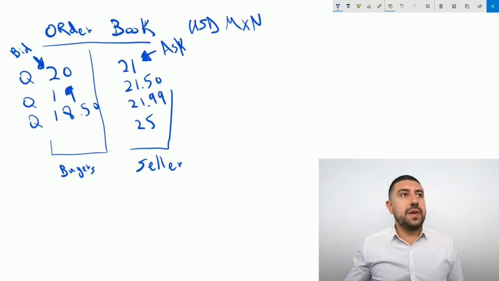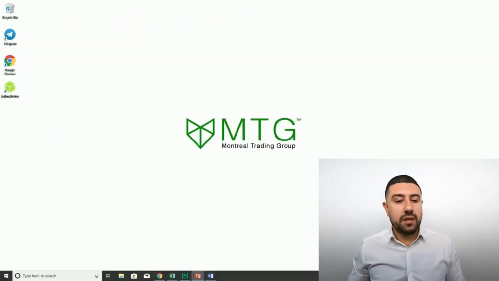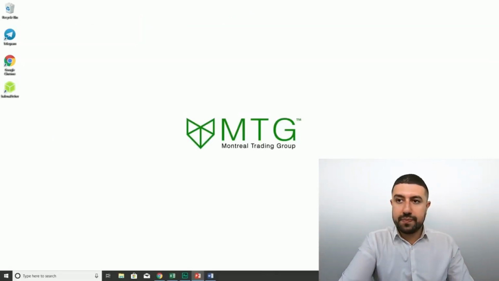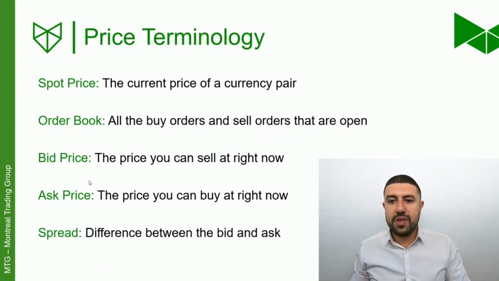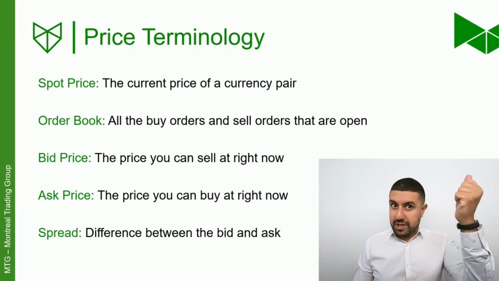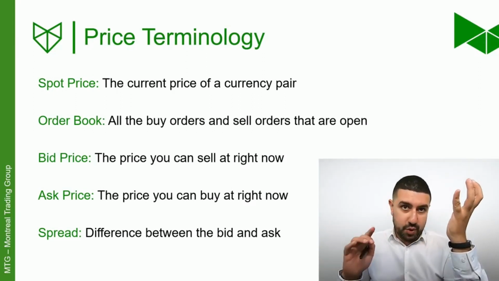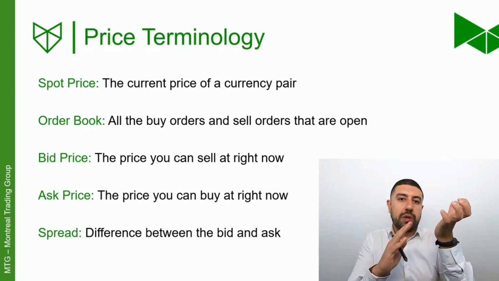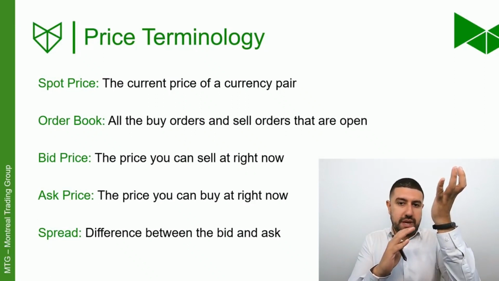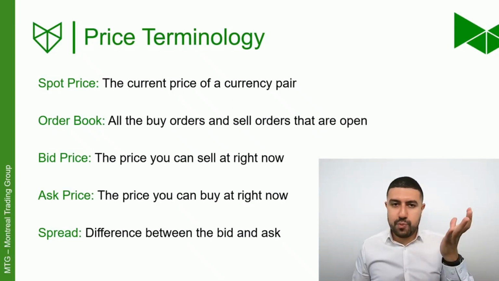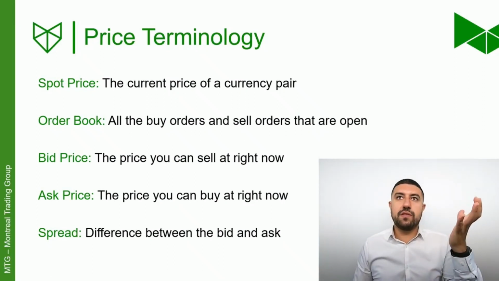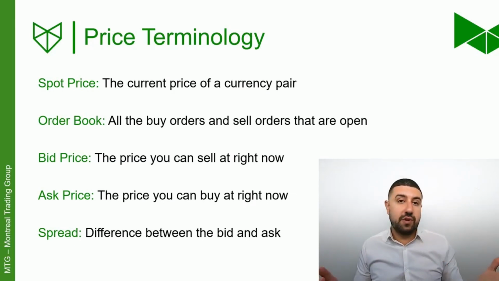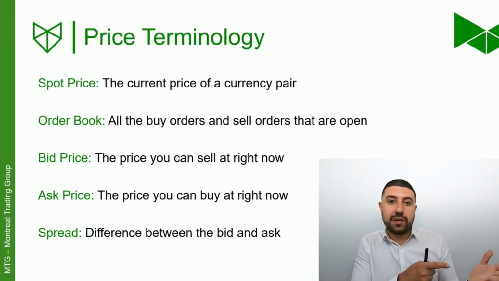So the bid price, okay, is the buyer who's willing to pay the most. Now, if you want to sell right now, this moment, what price can you sell at? You can sell to the guy who's willing to pay the most, right? So when you're looking at the bid price, you can think of it as, if I want to sell right now, I can sell at the bid price.